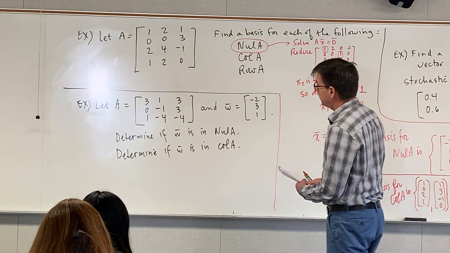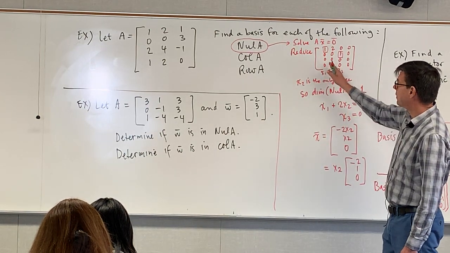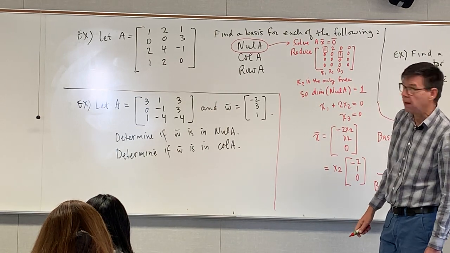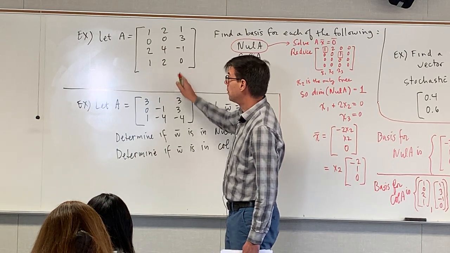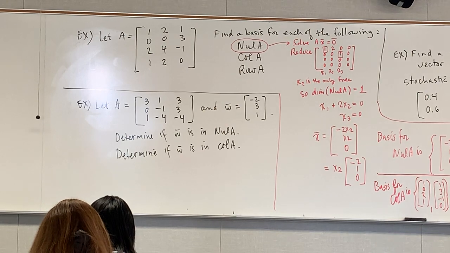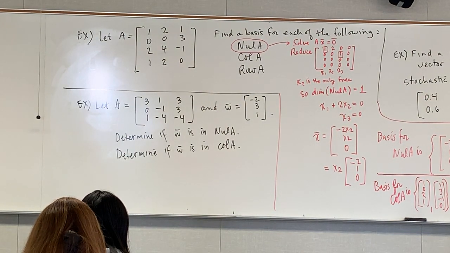However, I'm not saying the only basis is the basis that you get from the columns corresponding to the pivots, because you could take the second and third. They would work perfectly well as a basis for the column space. But let's not.